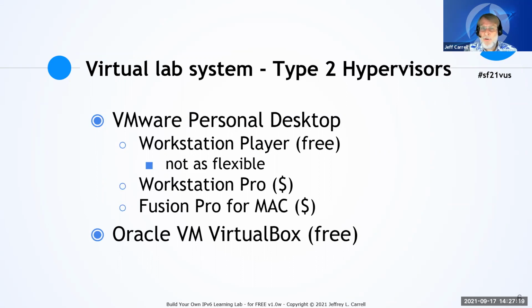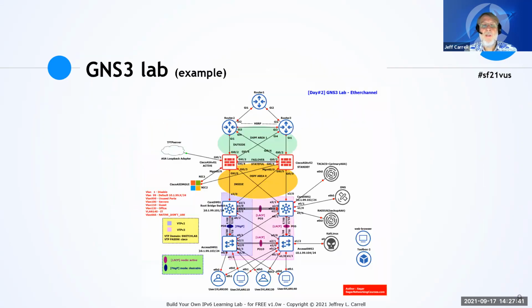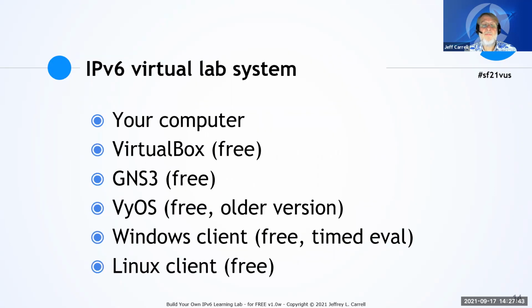So while you could do some of these things with Workstation Player, it actually works better if you want free to go with VirtualBox. If you're willing to spend a little bit of money, then go with Workstation Pro or Fusion Pro, and you have a lot more flexibility in what you can do overall. Okay. But again, this whole concept of this system was to be free.